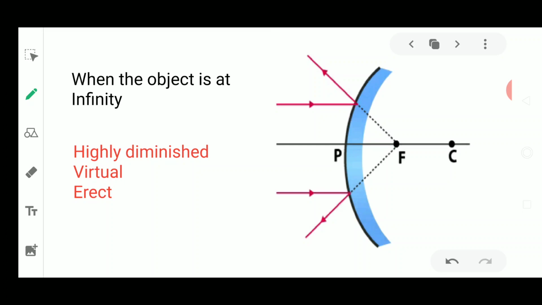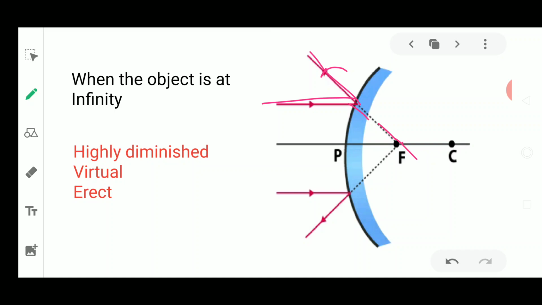As you could see here, the two rays are going to come. One is coming parallel to the principal axis, and you know that as it is a diverging mirror, this light is going to be diverged actually, but as we need to draw the image, we need to extend this line in the back. It will cut somewhere at focus.